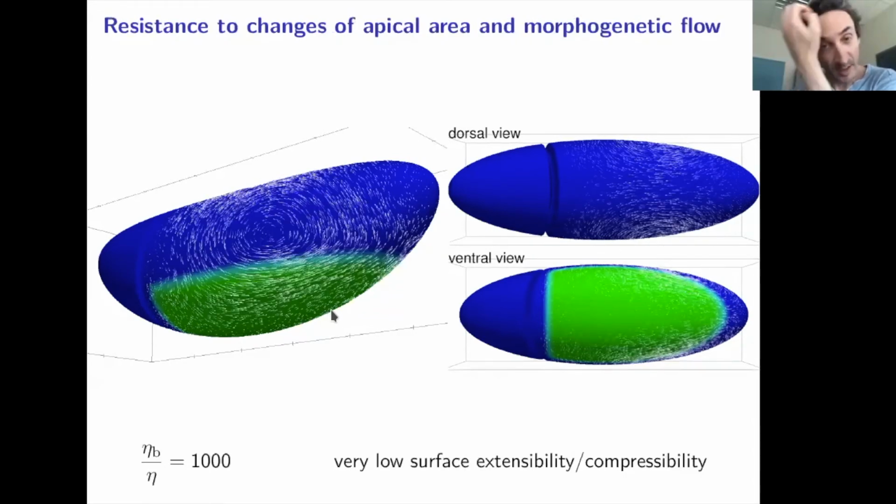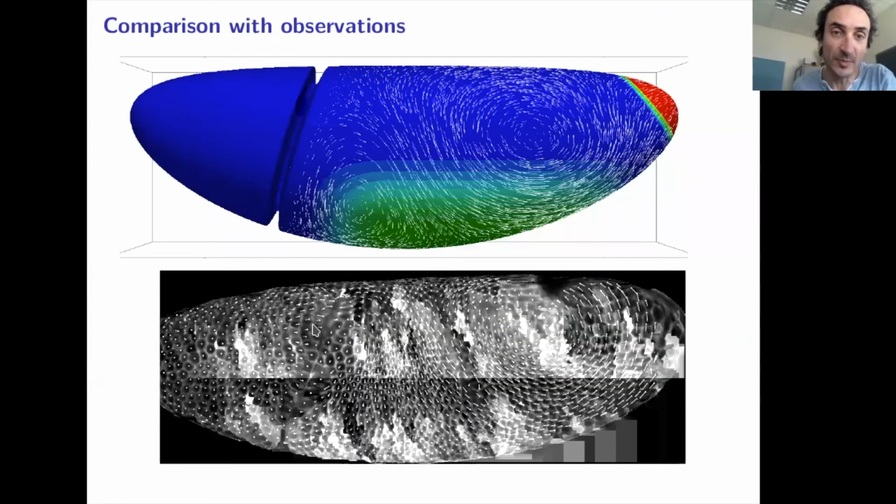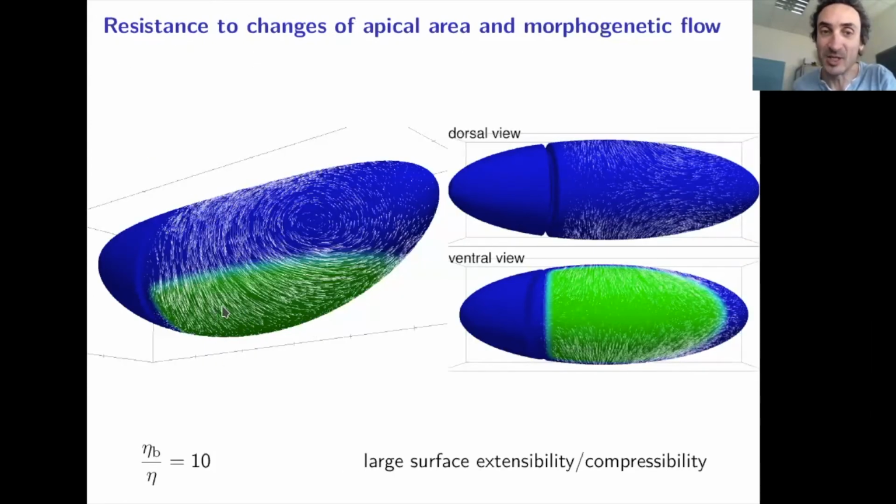Then you can study also the effect of the bulk viscosity. So this is what is making really this flow work, because of course, I've told you the myosin was contracting the material in this green region.